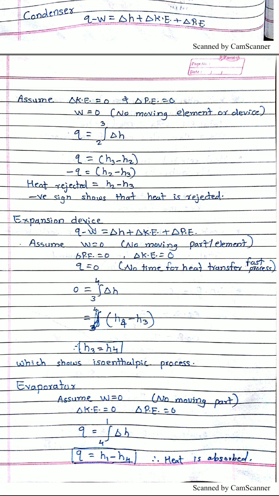Now the third component is an expansion device. For the expansion device, again we are using the same formula: Q minus W is equal to delta H plus delta KE plus delta PE.